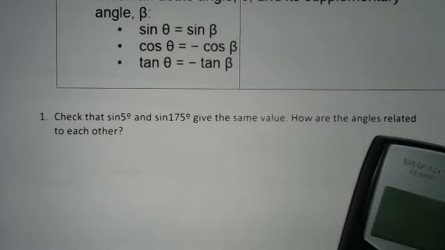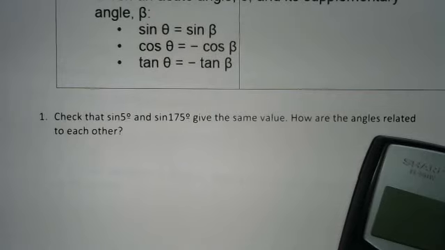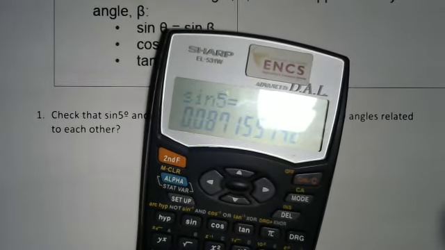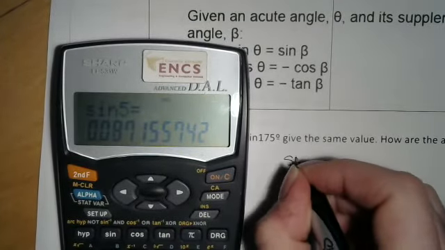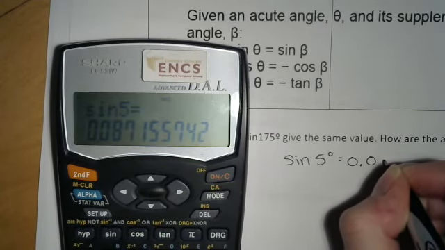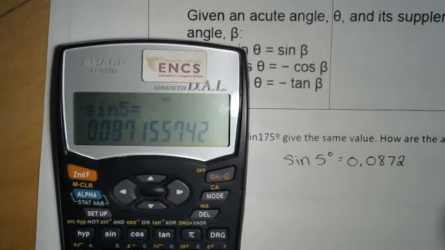So just to take a look at some of these angles, sine of 5 degrees and sine of 175 give the same value. So we're going to check that. And then we're going to look at how these angles are related to each other. Sine of 5 degrees, you grab your calculator, sine of 5 degrees is 0.0877, and we'll keep 4 decimal places there.